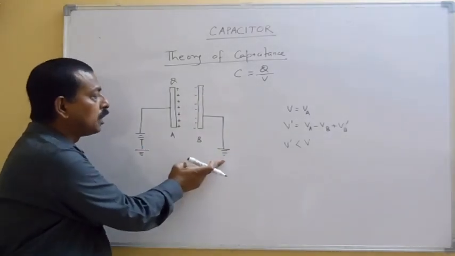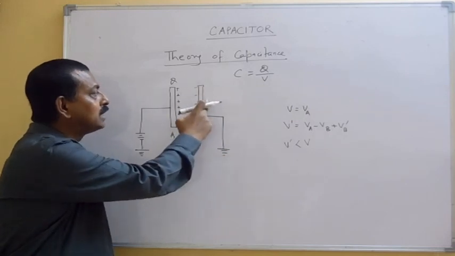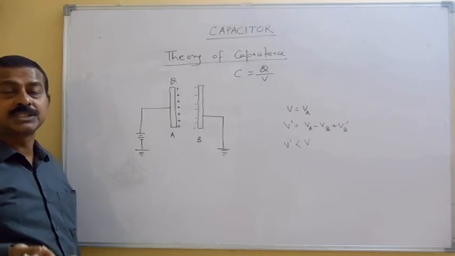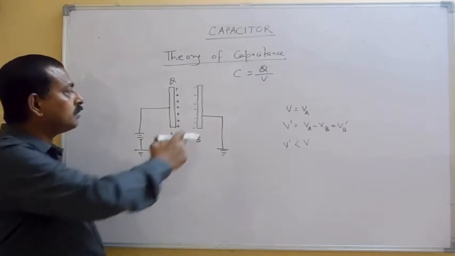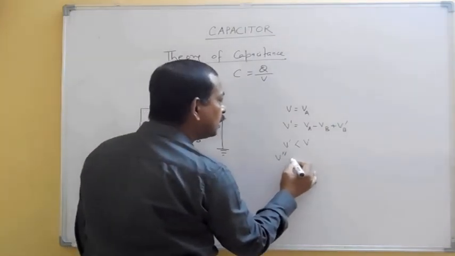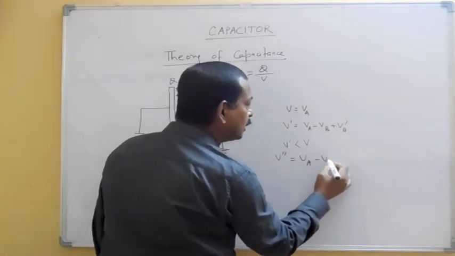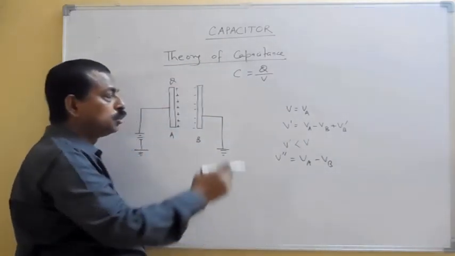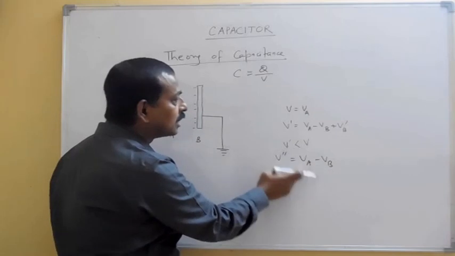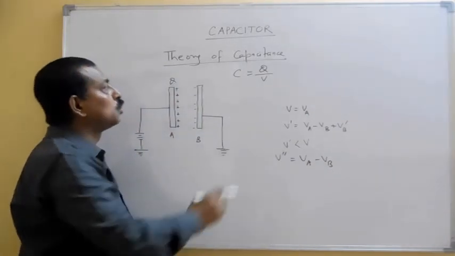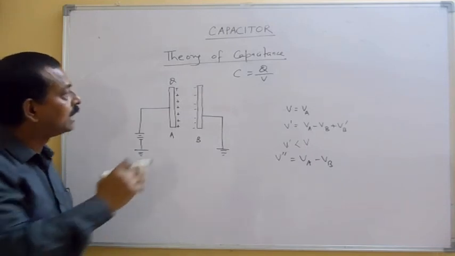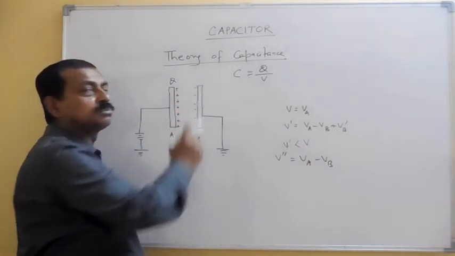Because electrons from earth will move and neutralize the positive induced charges, which are basically the free charges here. So they will get neutralized, and now the new potential will be VA minus VB. So you can see that this potential is still smaller than V dash. So we have decreased the potential of the system, and hence we have increased the capacitance of the system.